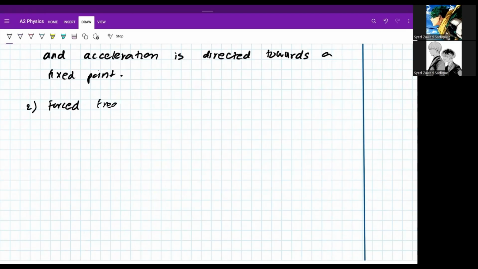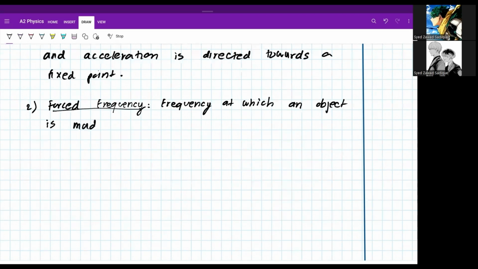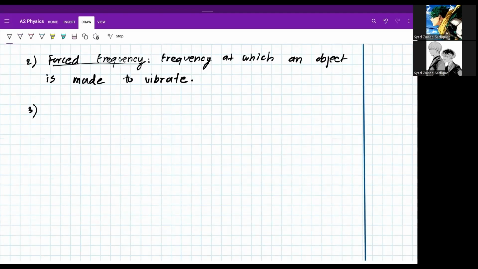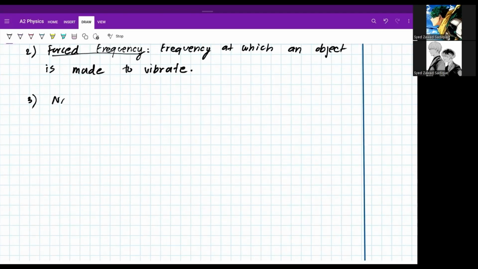Number two, what is forced frequency? Forced frequency is the frequency at which an object is made to vibrate. Number three is natural frequency.